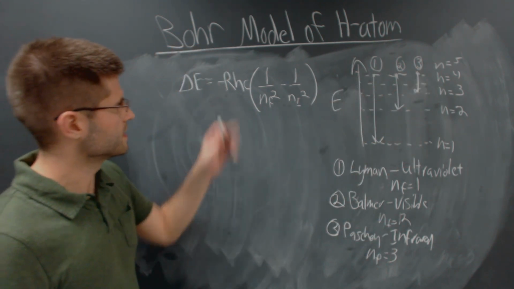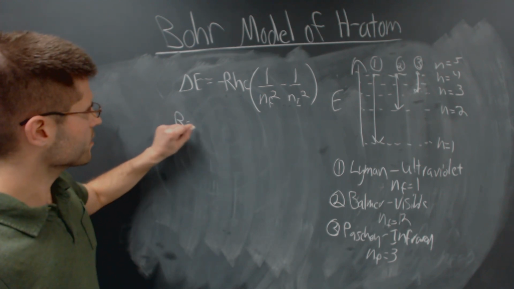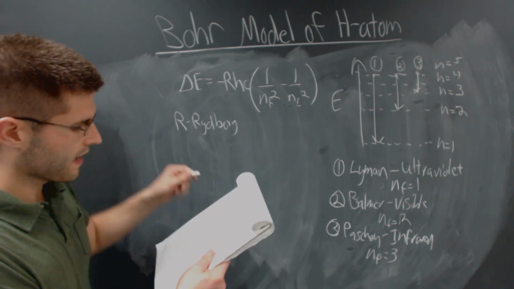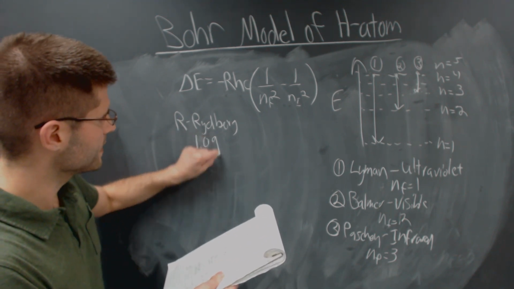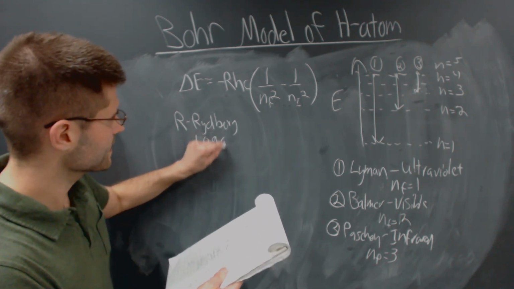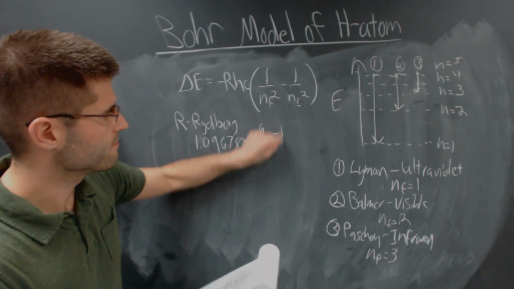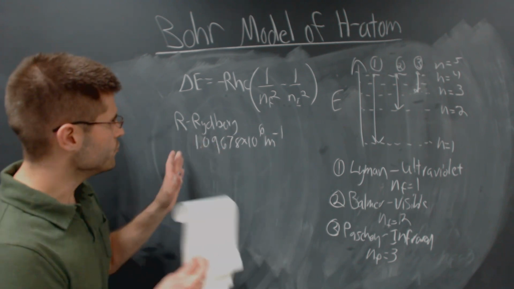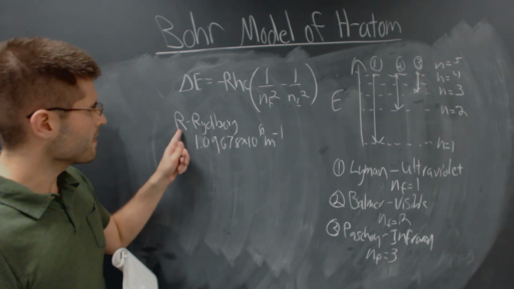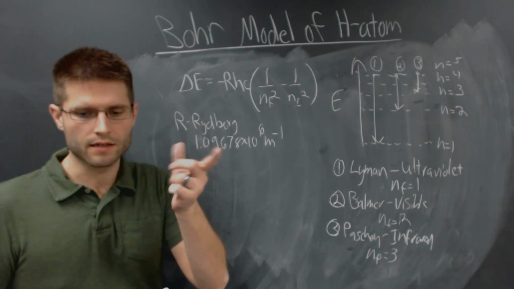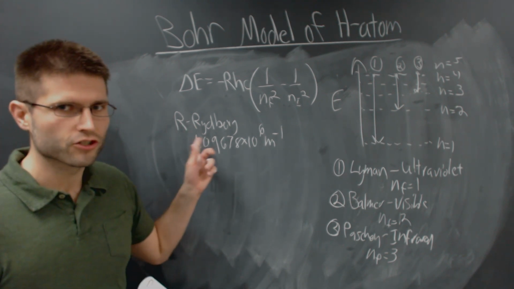Let's talk about these constants. R is called the Rydberg constant. It has a value of 1.09678 times 10 to the 6th inverse meters. This is just a new constant that we've never seen, but remember our gas constants all have the connotation of R, so this gets a little tricky.